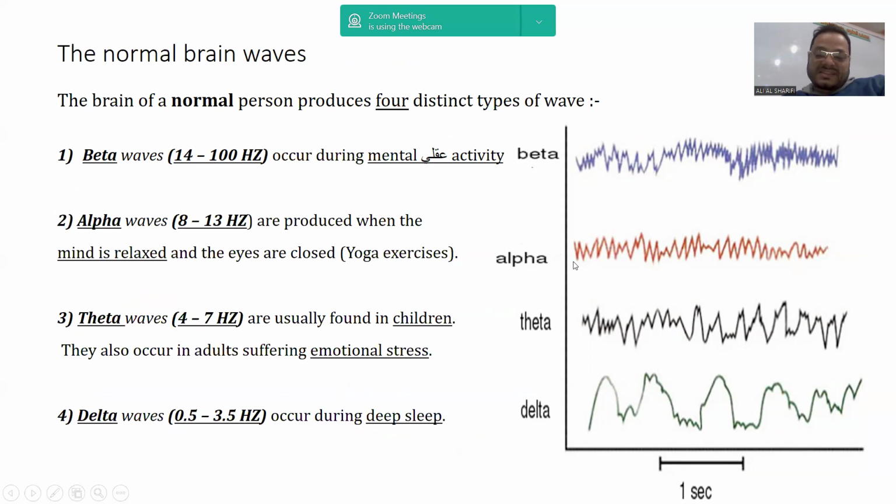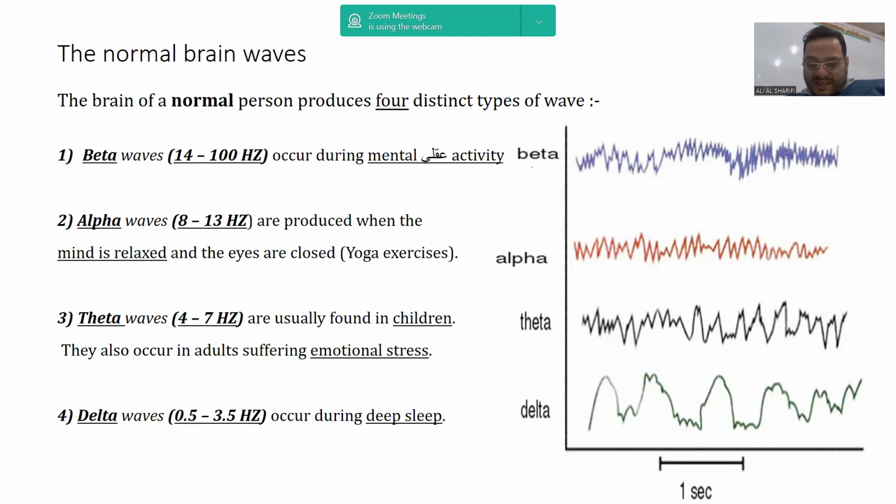Alpha is less, from 8 to 13. All the yoga players try to reach this amount by closing their eyes and totally relaxing, to reach this goal of hertzes that decreases your mind's activity. It makes your mind better at many skills, because yoga is very beneficial.